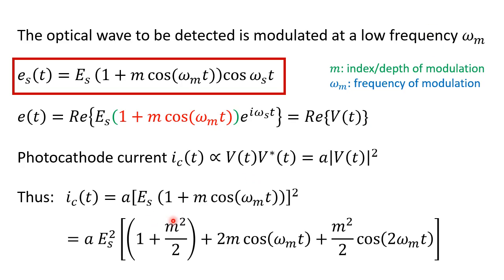Now if you carefully open this up and look at the various frequency components which are inbuilt in it, imagine you have 1 plus some cosine omega t and a mod square of it. There is going to be a DC part, right? This DC part also depends on the depth of modulation. So in the case of perfect modulation, M will be 1, for example. There is a term at the incoming modulation frequency itself, and there's going to be another term at twice the modulation frequency.